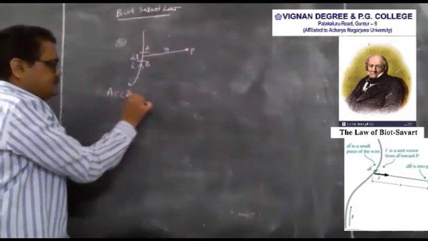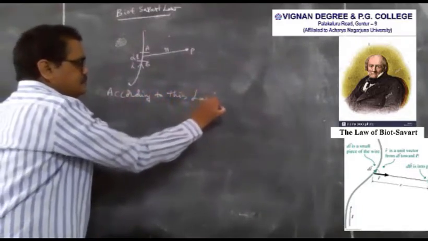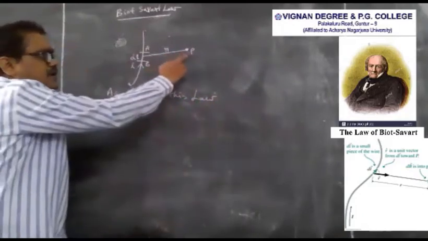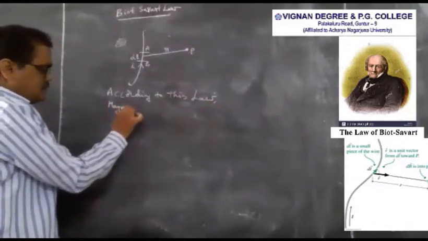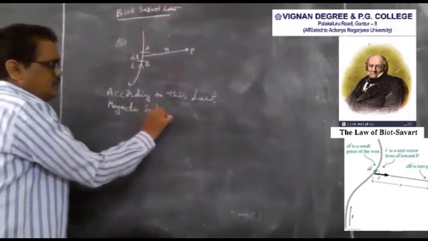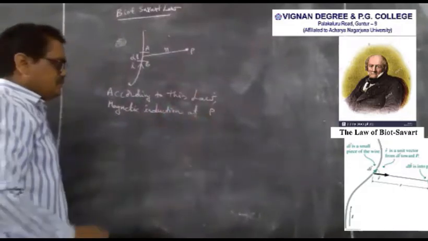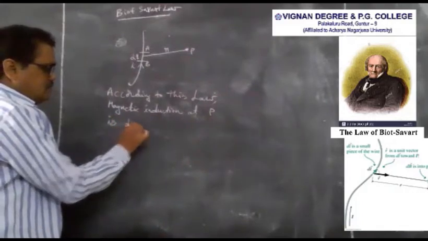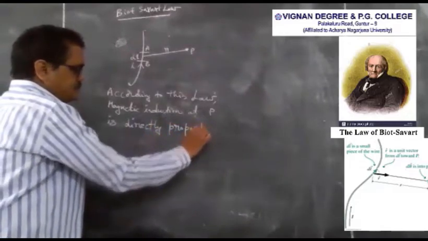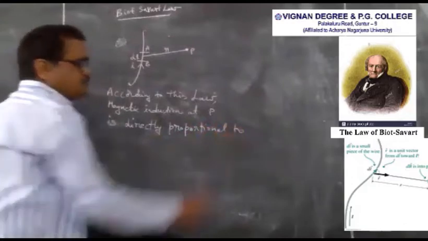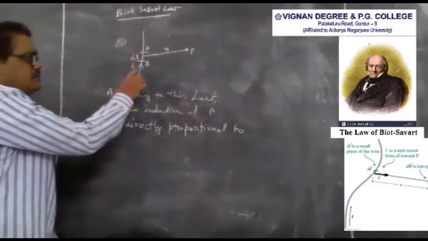According to this law, magnetic induction at P is directly proportional to, first one, current flowing through the conductor.